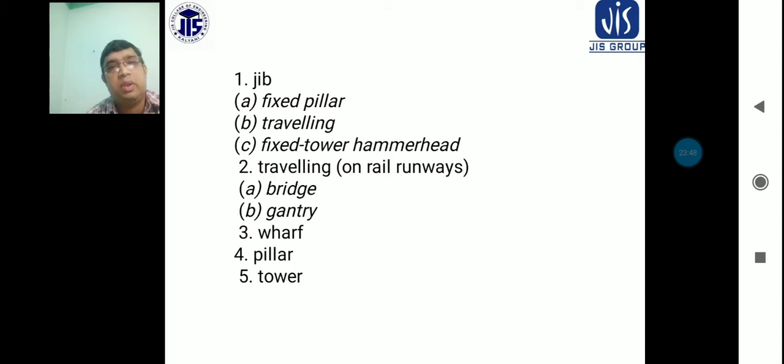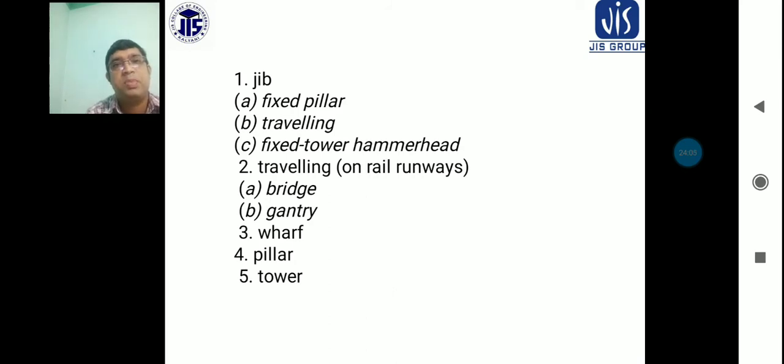The traveling jib crane is used in different shipyards or ship areas, for loading and unloading, and also at heavy construction places.